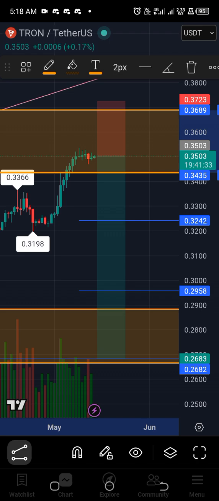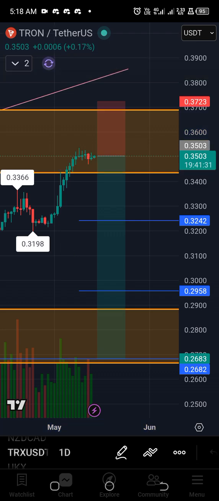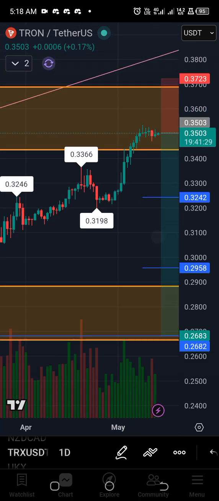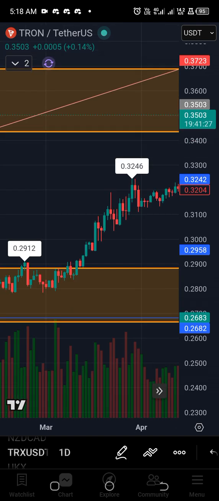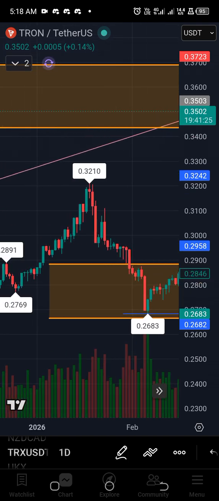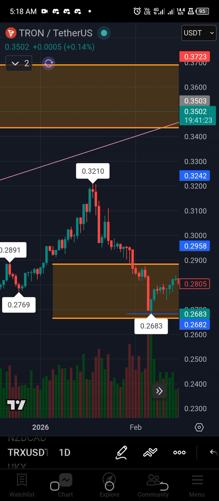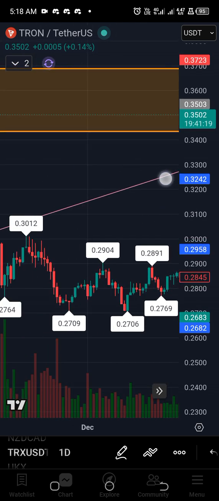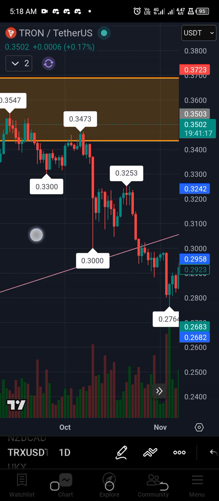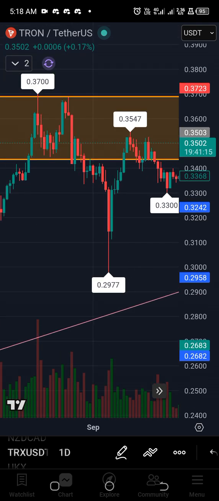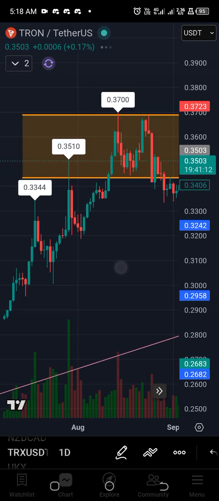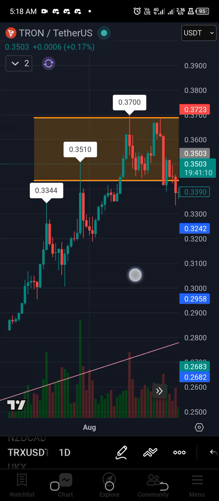So I've been watching this for quite some time, so let me take you back to how things have played over the last few weeks or months. So this bearish order block started somewhere around here.